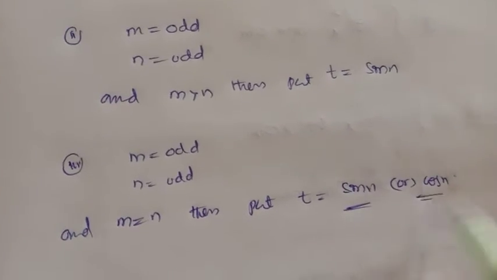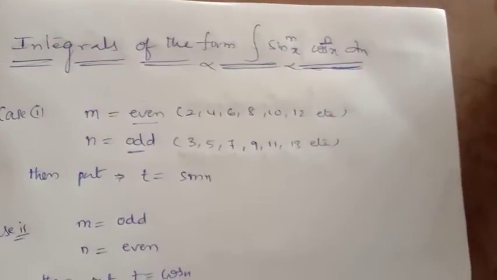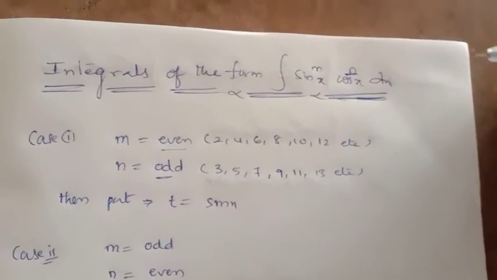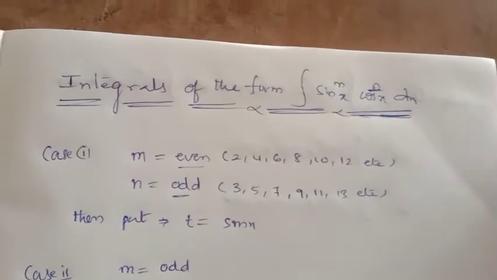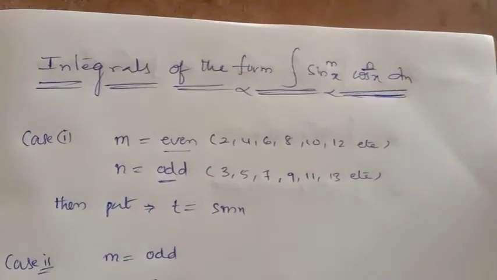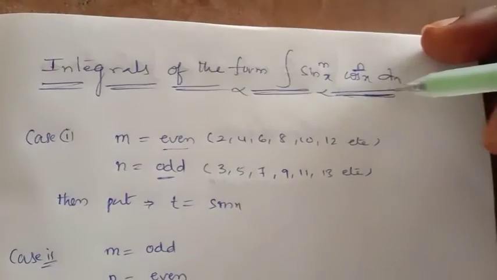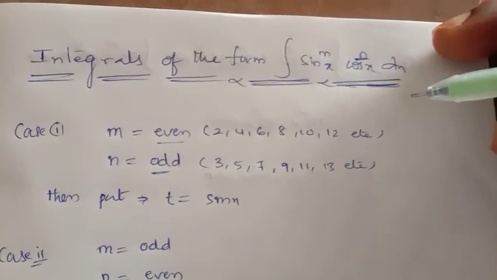Sin x taken gives the answer, and cos x taken also gives the answer. These are the cases. The integrals of the form sin power m x into cos power n x. Case 1: the power of sin x is even number and the power of cos x is odd number. Then put t equal to sin x.